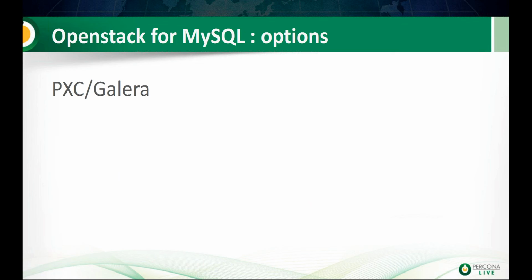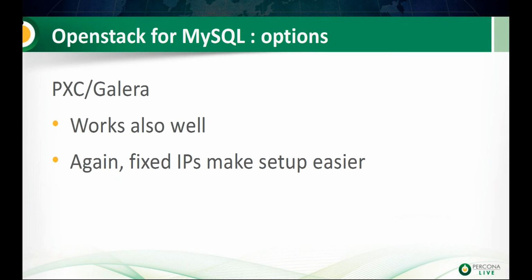Another solution that does work as well is Galera, so XtraDB Cluster or MariaDB. There's nothing specific here. Again, to ease the pain with the configuration, I suggest the same trick, fixed IPs. There's one thing that you can do with bare metal that you cannot do here, and that is multicast.